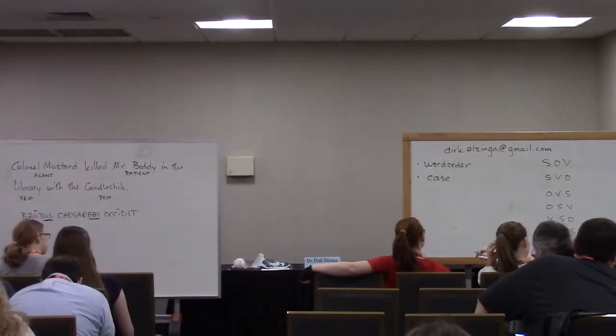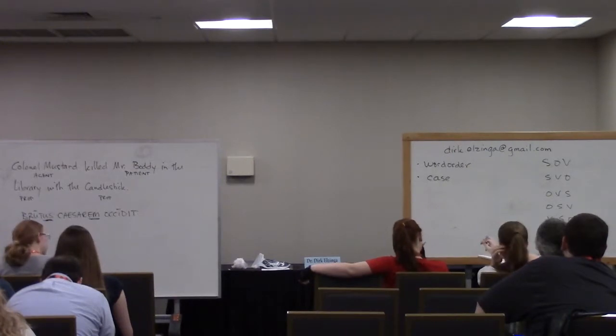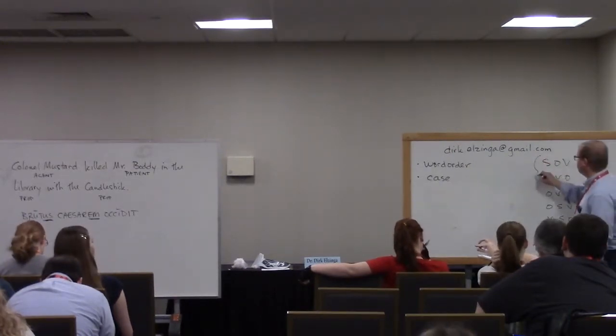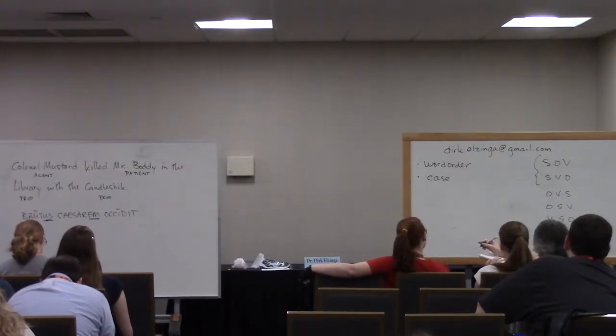What's interesting, though, is that these word orders aren't randomly distributed among the world's languages. The vast majority of the world's languages use one of these 2. Okay? With the edge being given to SOV.